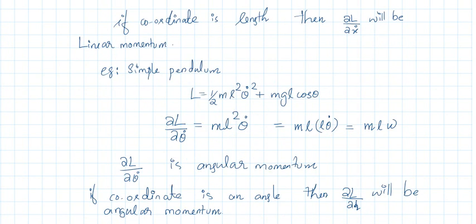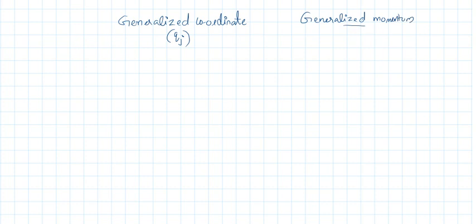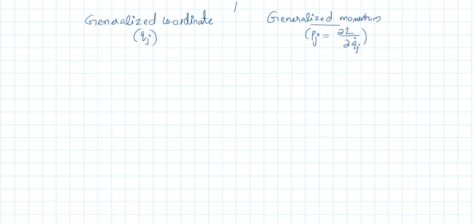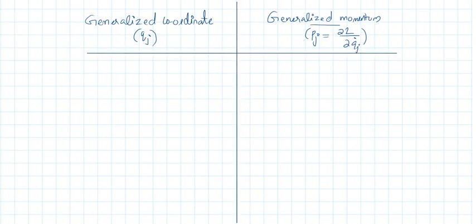So on this side we have the generalized coordinate Q_j, and on this side the generalized momentum, which I denote as P_j, and by definition P_j is ∂L/∂Q̇_j. Now for different systems: in the first case, suppose Q_j is a length coordinate x, then P_j will be linear momentum.